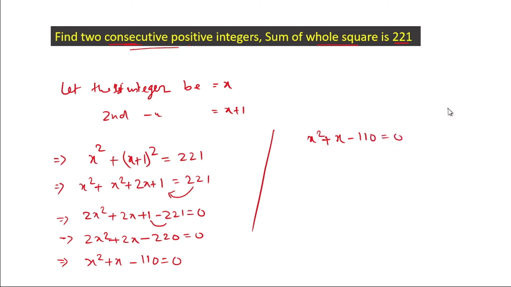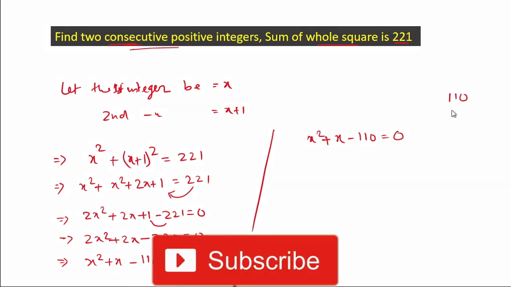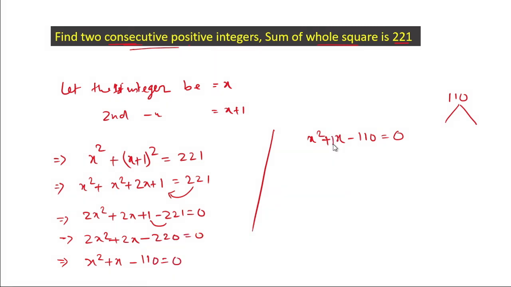Now we'll multiply the x square coefficient and the number, that will be 110. Now we'll factor in such a way that we can get the coefficient of x, which is 1. Here nothing is given, so it is 1. So we'll factor in such a way that after factorization the values are 11 and 10, 110.